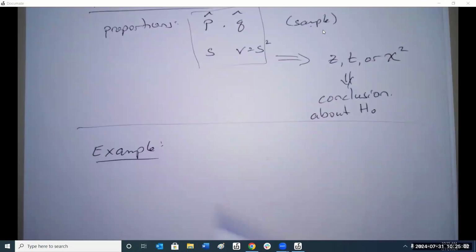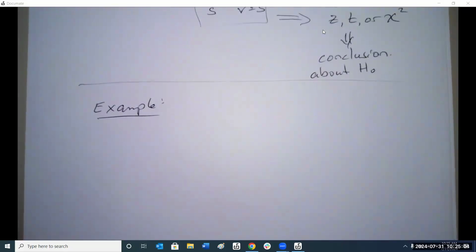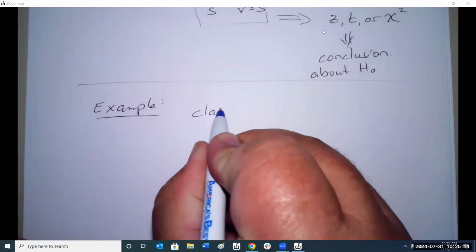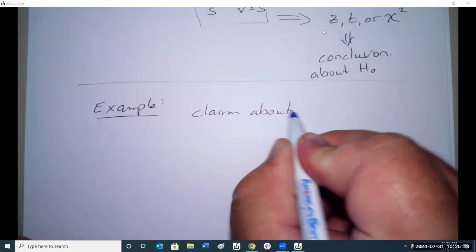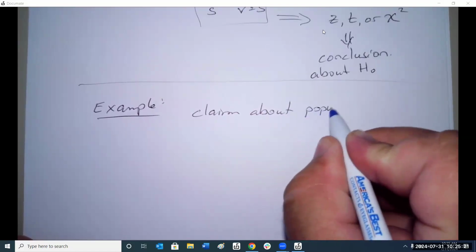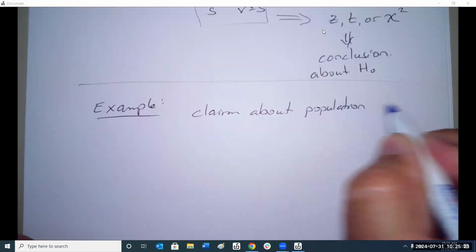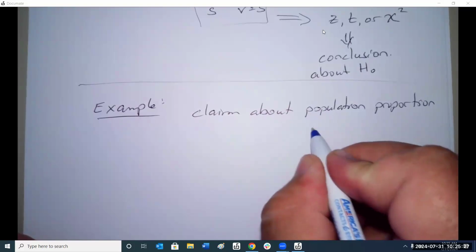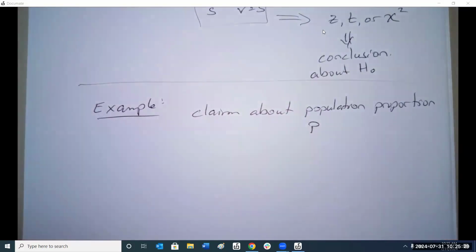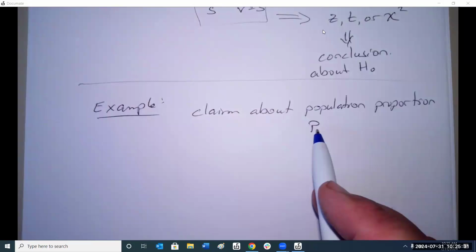Here's an example. From example 1, we have a claim made about the population proportion P. How do we know that that's going to be the population proportion?